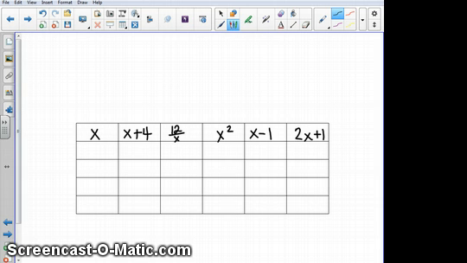Okay, and let's say all of our values are 2, 4, 6, and 8.